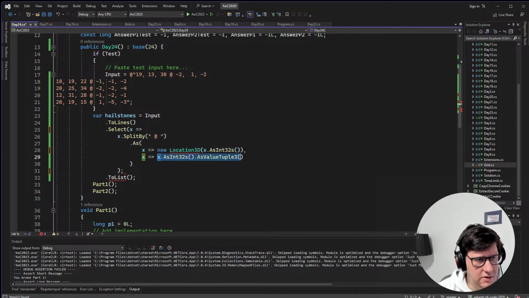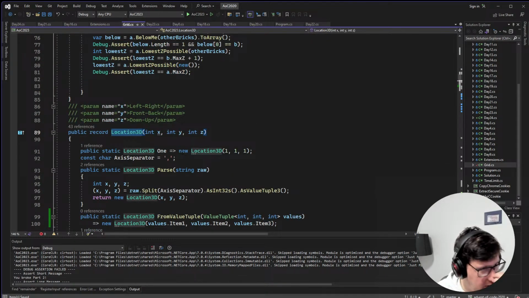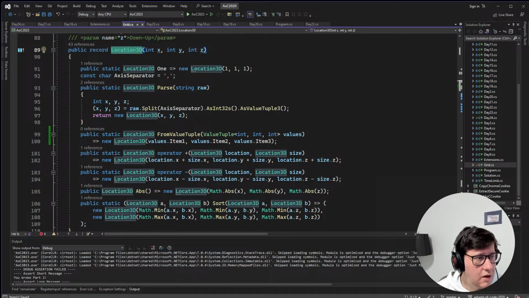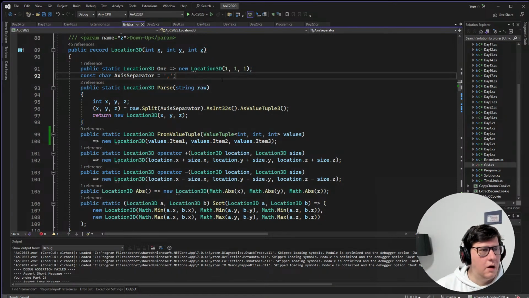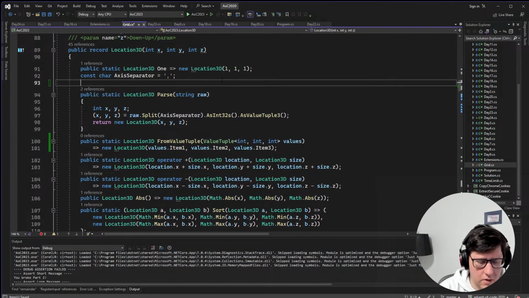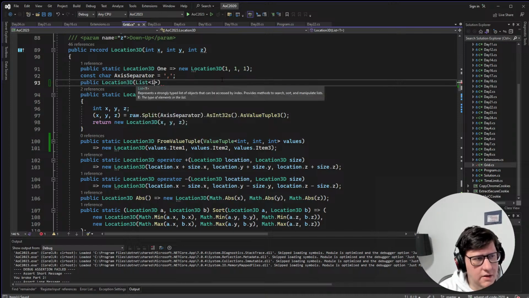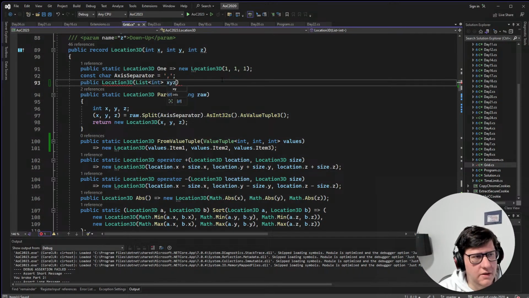Let me just do it like this. I will just make a constructor that accepts a list of int as well. Public Location3D, and this is a list of int xyz.